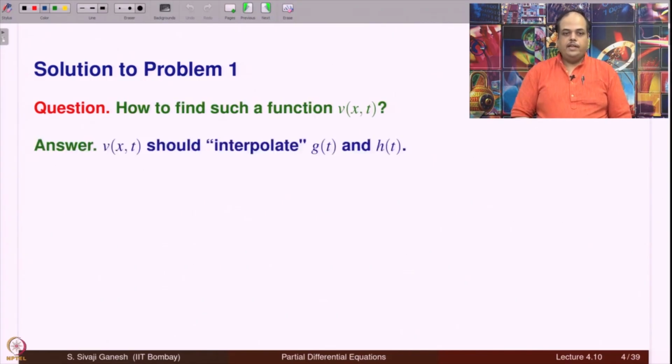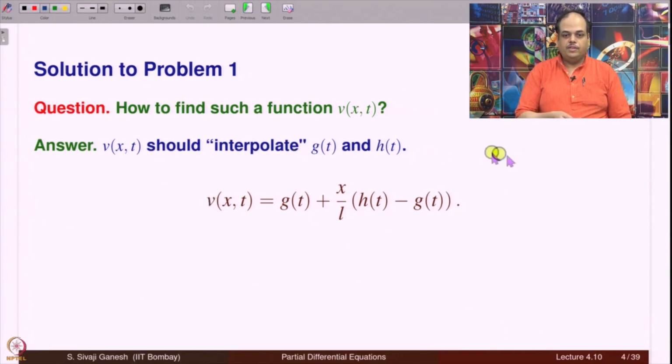So, the function v should interpolate these two functions g(t) and h(t). At x equal to 0 it should be g(t) and at x equal to L it should be h(t). The simplest function we can think of is this, which is also called linear interpolation.